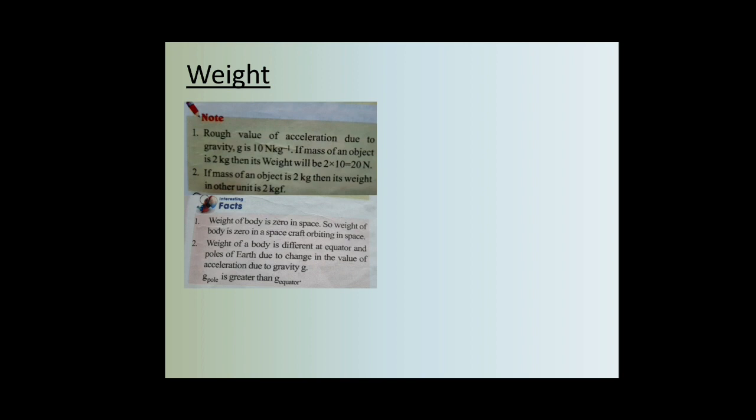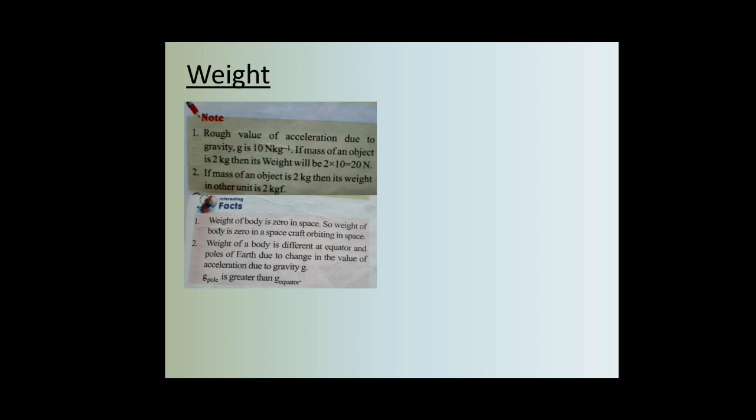Now, the weight of a body is different at the equator and the poles of the earth due to a change in the value of the acceleration due to gravity, because at the poles gravity is greater than at the equator. As you come near to the equator towards the center of the earth, the pull of the earth becomes 0 at the equator, because it is the center of the earth.